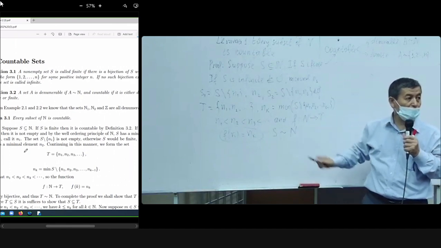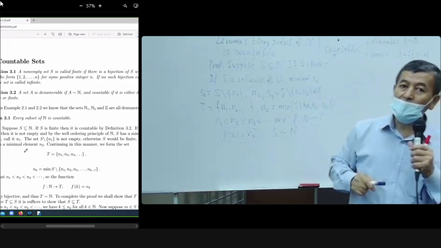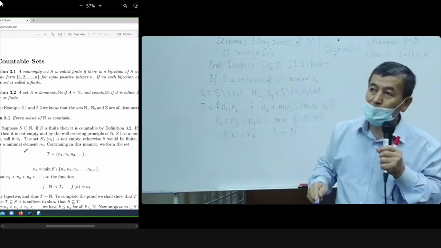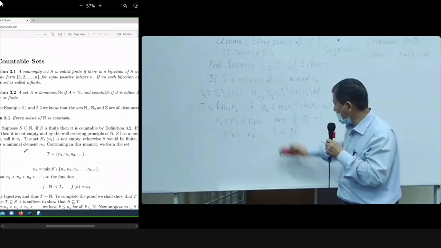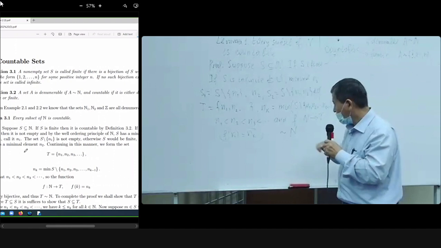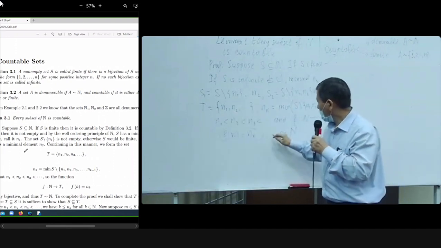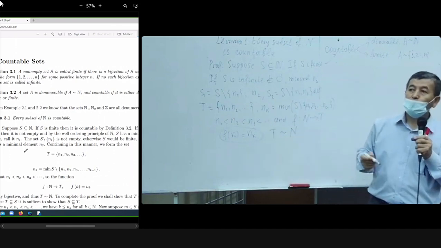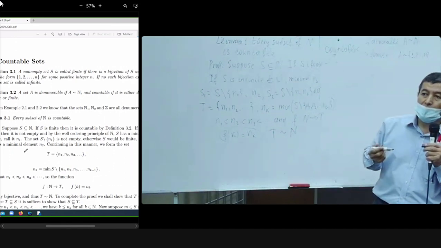This shows that it is countable. After this, clearly it is bijective, and thus this T, not S, sorry, because nk depends on T, the T is equivalent to N. So to complete the proof, we shall show that T equals S.